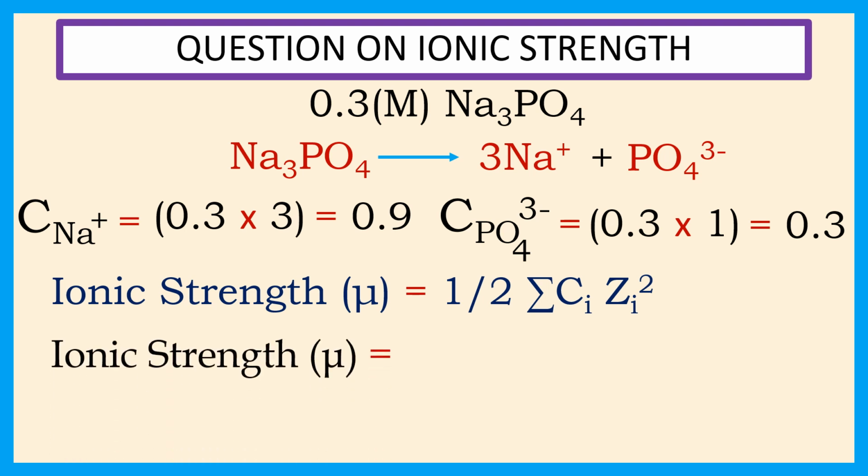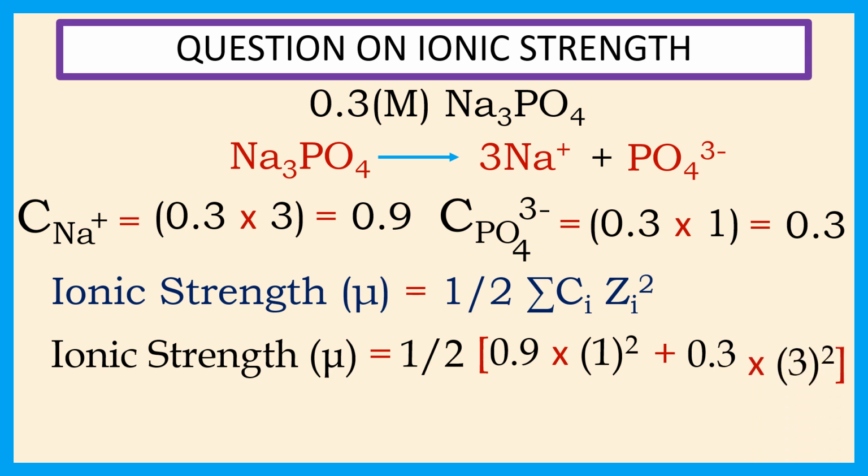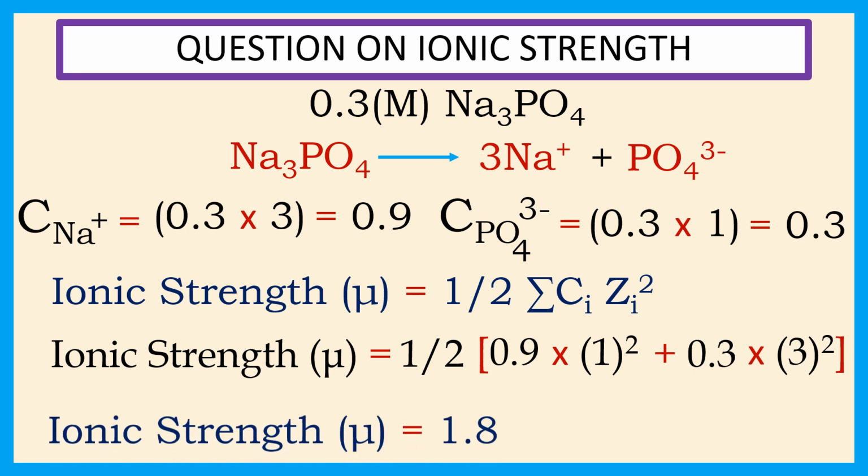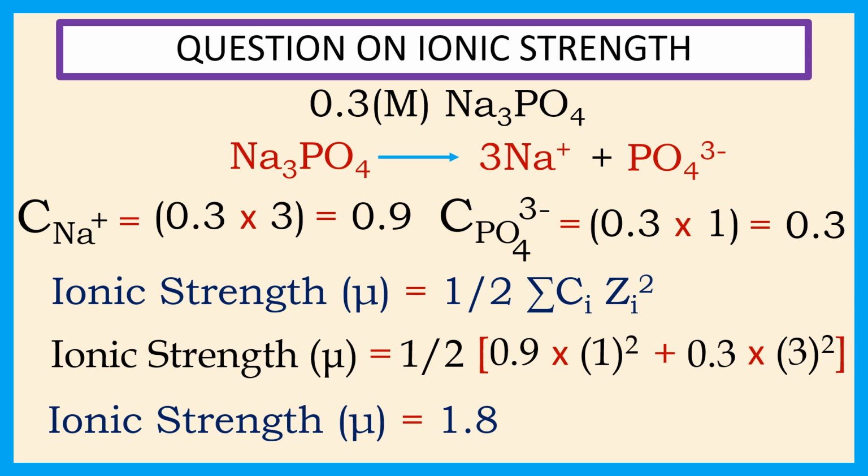Therefore, ionic strength mu is equal to 1 by 2 into 0.9, the concentration of the Na plus ion, into square of 1, the valency of the Na plus ion, plus 0.3, the concentration of the PO4 3 minus ion, into square of 3, the valency of the PO4 3 minus ion.